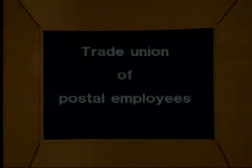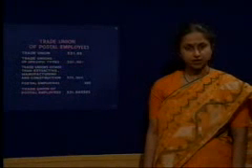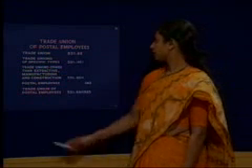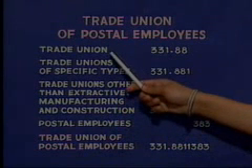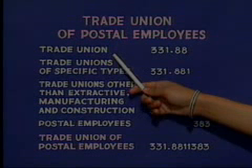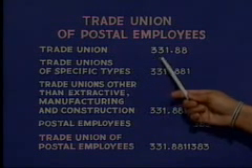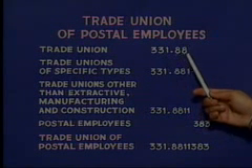Now let us consider two titles of the same type. One is Trade Union of Postal Employees and the second one is Trade Union of Textile Employees. In both cases, the main subject is trade union. The number for trade union in the main schedule is 331.88.